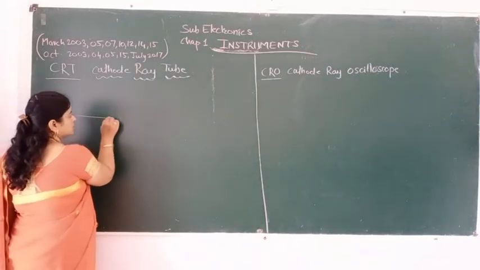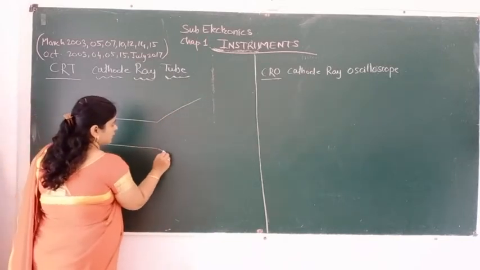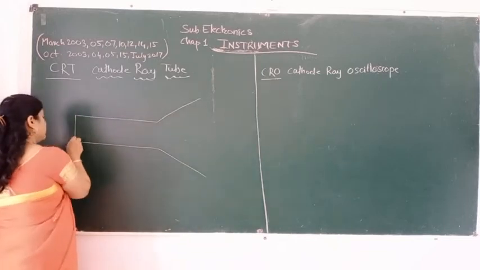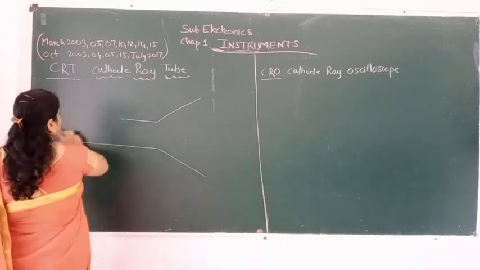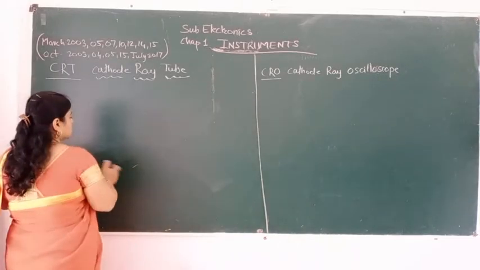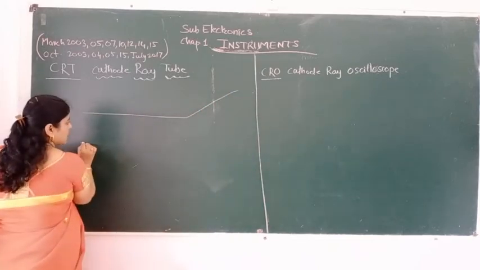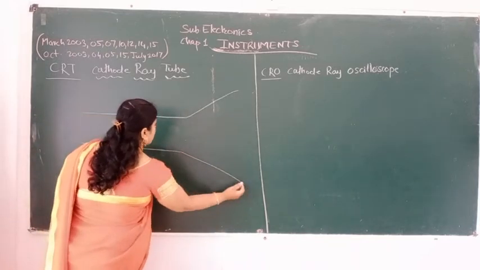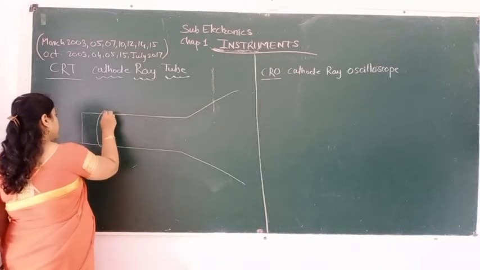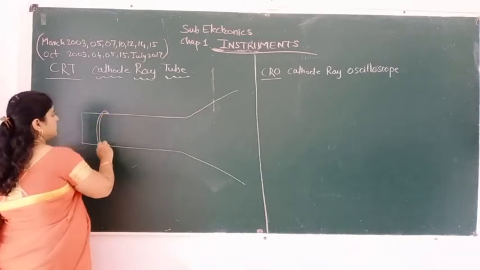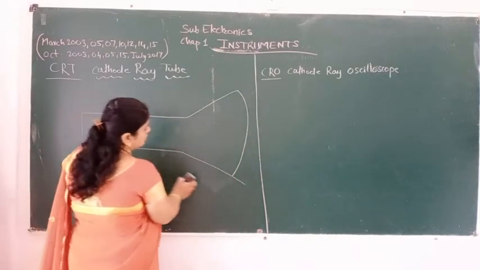We are going to draw this diagram for CRT, that is the cathode ray tube. Two parallel plates are there. Here a filament is connected. This is the screen or display.